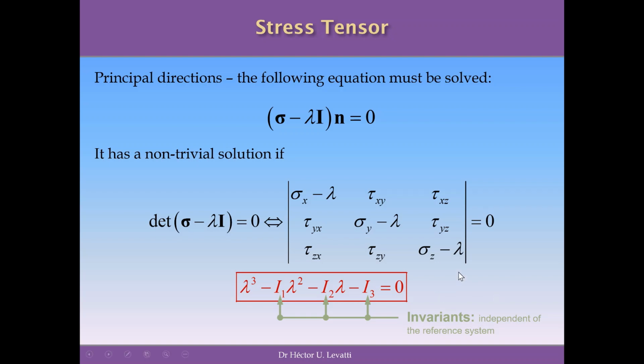Because you can certainly change the coordinate system you use to represent this tensor, and these invariants do not change because they are independent, and this is the reason why they are called invariants. They are independent of the reference you are using to represent your tensor, which is something that is extremely useful when you run complex analysis in structural engineering or in geotechnical engineering.